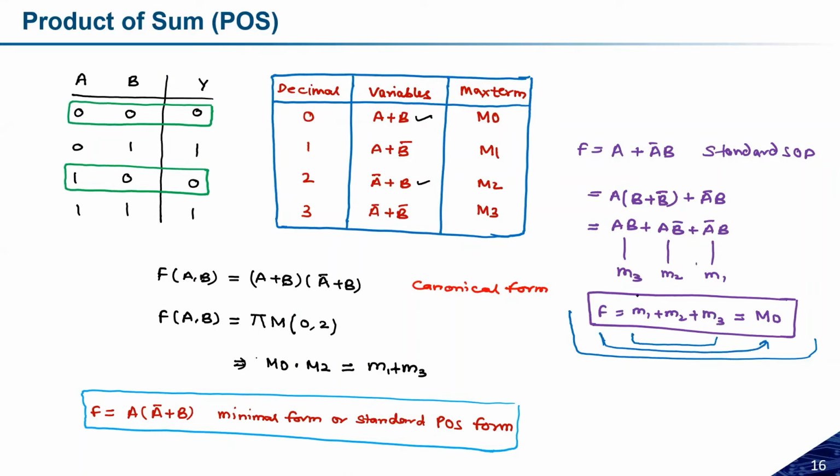If you write the function in terms of minterms, you require more gates to implement it. But if you write it in terms of max terms, you will require fewer logical gates. So this is really important. Why do we need conversion from one form to another, POS to SOP and SOP to POS? This is the reason.